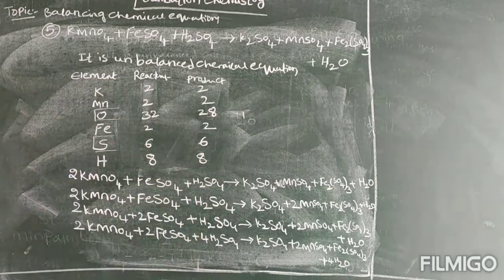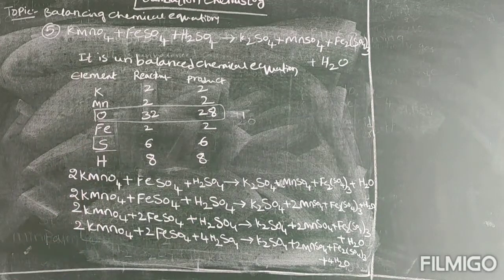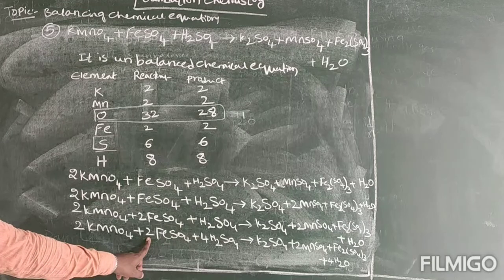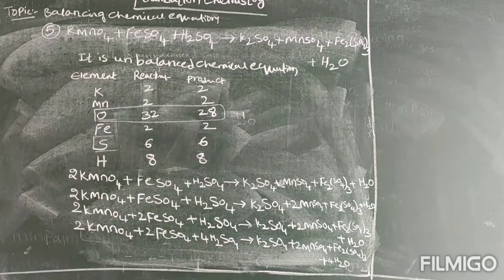Now hydrogens, 4 2s are 8, and here 4 2s are 8. Now what is not balanced? 4 oxygens you need. If you take 4 oxygens, then it is clear. Then how to write these 4 oxygens, that is important for us. Suppose if I make it 3, again here 3 cannot be done.